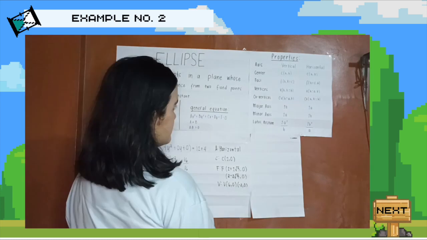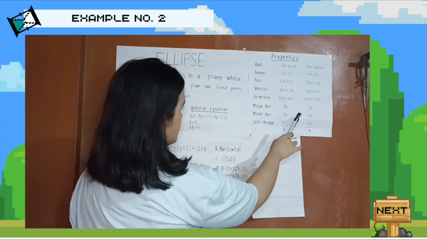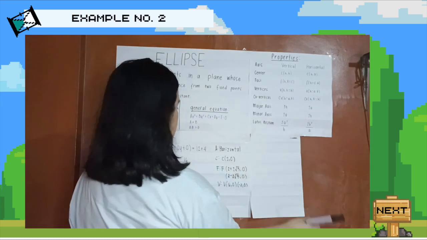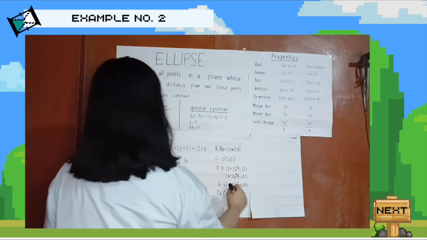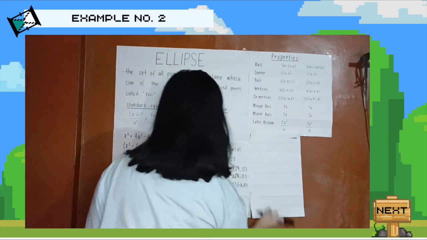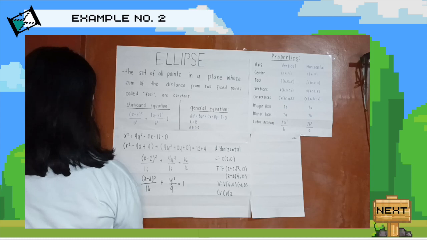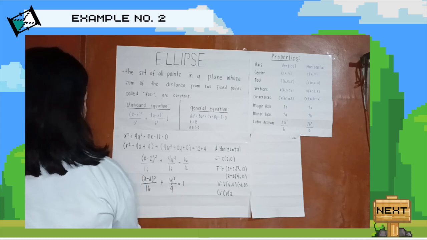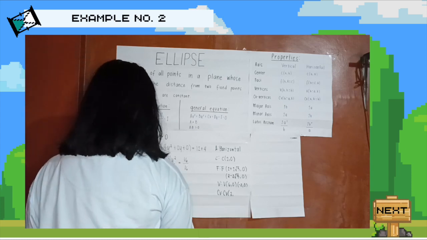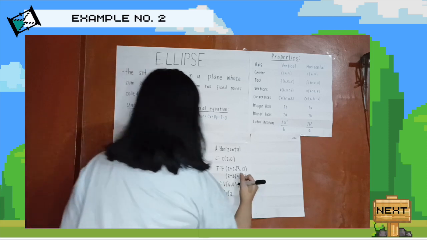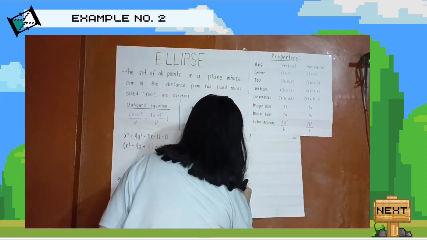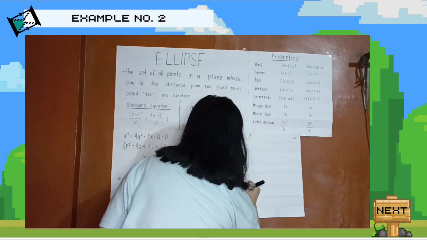And for the vertices, we will be using h, comma, k plus or minus b. H is 2, 0 plus b, 0 plus 2 is 2, and the other is negative 2.